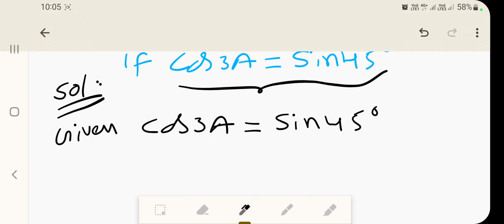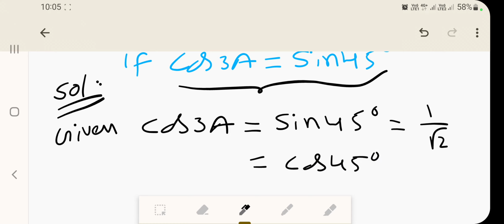So sin 45, we know that it is 1 by root 2. Since it is 1 mark, you can directly substitute and do the problem. We also know that cos 45 is also 1 by root 2. So this 1 by root 2 is for both sin 45 as well as cos 45.